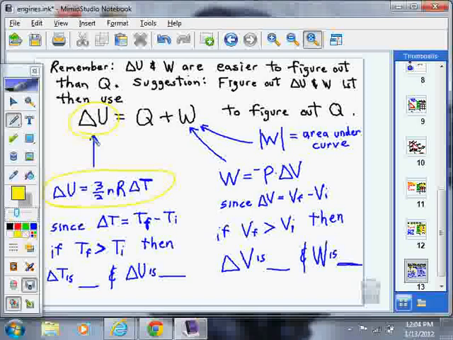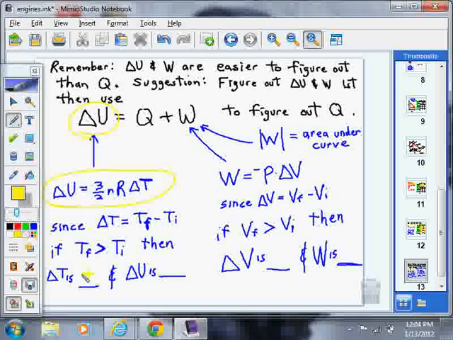Check this out. Since delta T equals TF minus TI, you have to fill in the blank here. If TF is bigger than TI, then delta T, would that be positive or negative? If TF is bigger than TI? Positive.